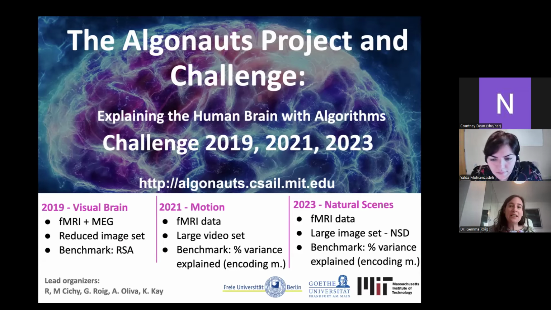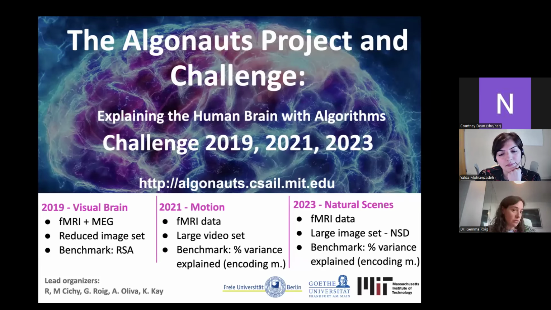One of them is the Algonauts project and challenge, which I've been co-organizing since 2019 with several other people. We envisioned this as a project in which we could build a platform for explaining the human brain with algorithms, in which participants would submit their models and algorithms to explain particular brain data that we would curate, and for which we would also design some score.